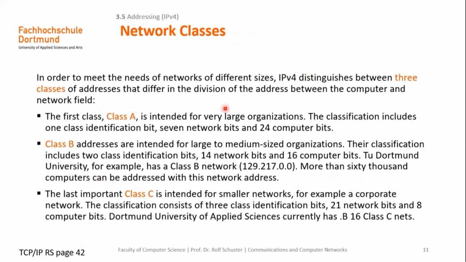In order to distribute the network addresses, the 32 bits of the IP version 4 address are divided into different classes.